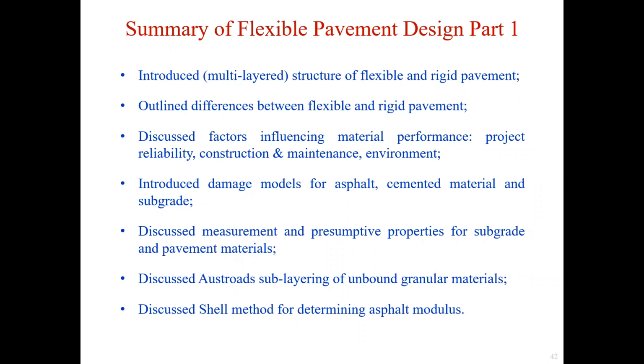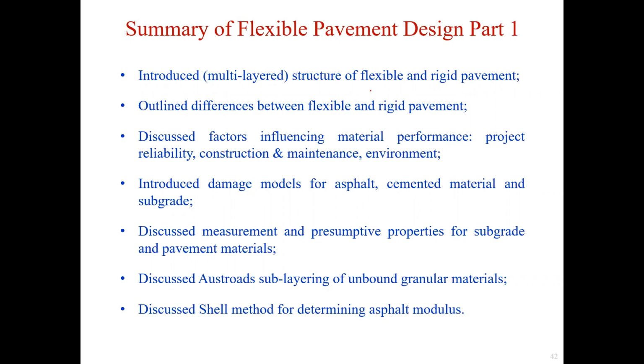A summary of this lecture: we have briefly reviewed the multi-layered structure of flexible and rigid pavement and their differences. The factors influencing the material performance, including the project reliability, the construction and maintenance, and the environment, are discussed. We also learned the damage models for asphalt, the cemented materials, and subgrade.